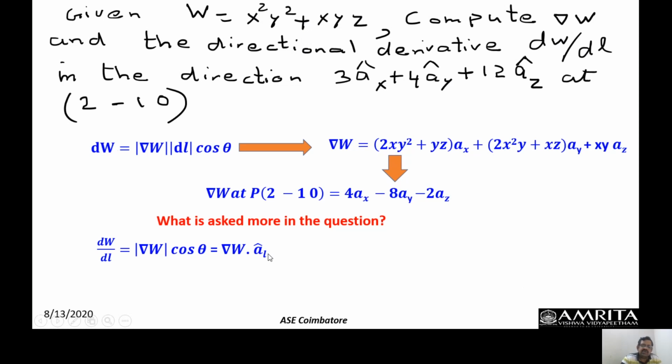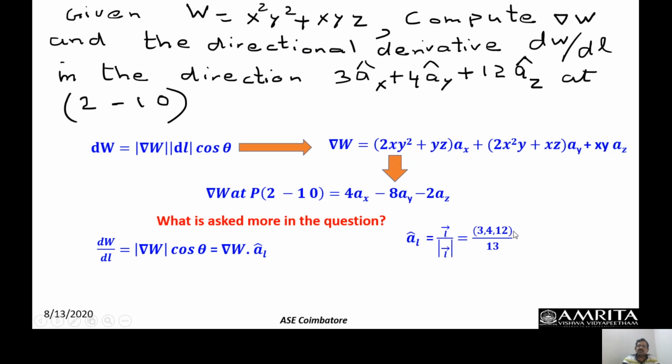So I can find the unit vector as it is. We have gone through this grind in the third class of this course, when we talked about the projection components. Now al hat, the unit vector along the direction, is given by the L vector divided by the mod of the L vector, and the given vector is 3ax 4ay 12az.